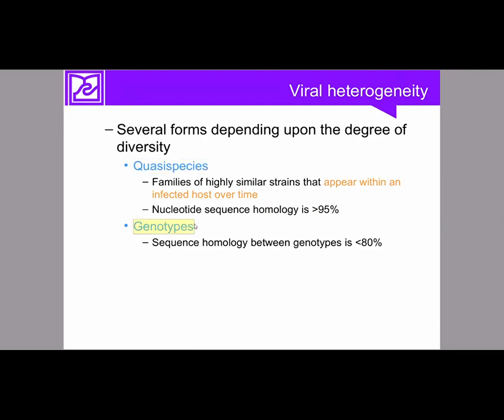We talk about genotypes in other classes, okay? Genotypes are viruses more different than quasi-species, and the homology of genotypes is less than 80%. So one patient is infected by one genotype, but one patient may be infected by many different quasi-species.